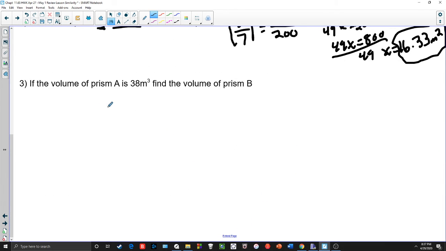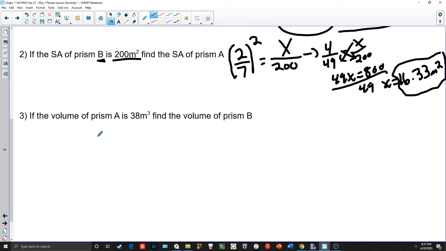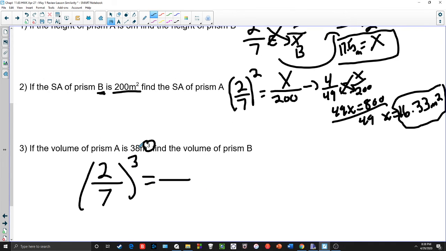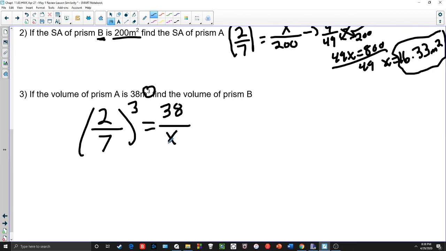And the last question here deals with volume. So as you can probably deduce, it's going to be the same way here, 2 out of 7. But because it's volume and deals with cubic units, we're going to cube this fraction before we do our cross. Now in this case, the volume of 38 goes with prism A. So 38 is going to go on top because that's where the A number goes. And then the B number is going to go on bottom. So 2 cubed is 8.